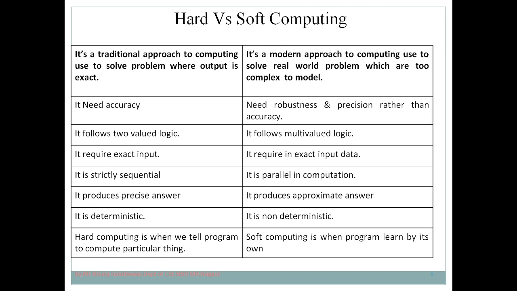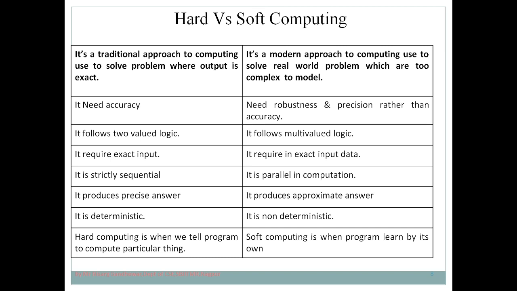The next point is that hard computing needs accuracy, whereas soft computing needs robustness and precision rather than accuracy. In another way, hard computing focuses on accuracy because you are getting the exact answer, that is, whether that particular person is clever or not, or whether there will be rain today or not, a yes or no, a specific answer.